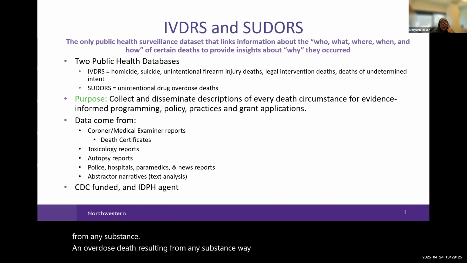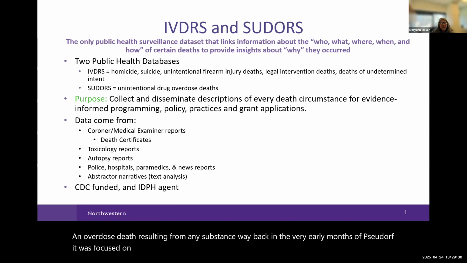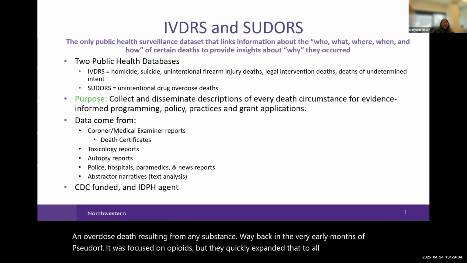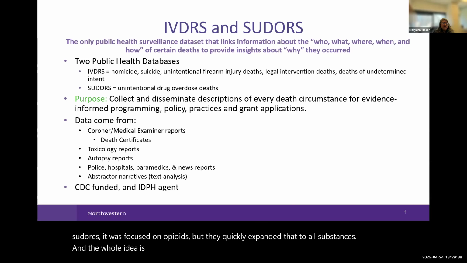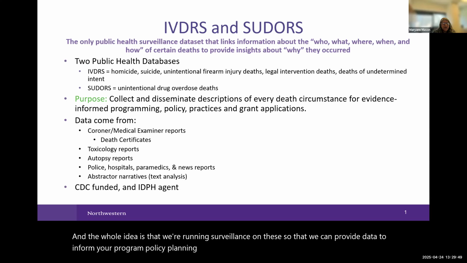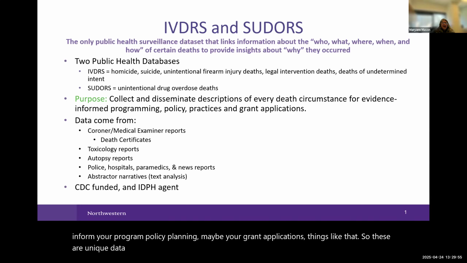Way back in the very early months of SUDORS, it was focused on opioids, but they quickly expanded that to all substances. And the whole idea is that we're running surveillance on these so that we can provide data to inform your program, policy, planning, maybe your grant applications, things like that. So these are unique data sets.